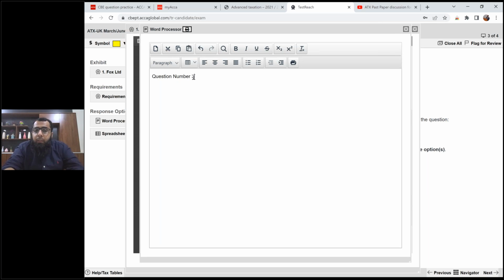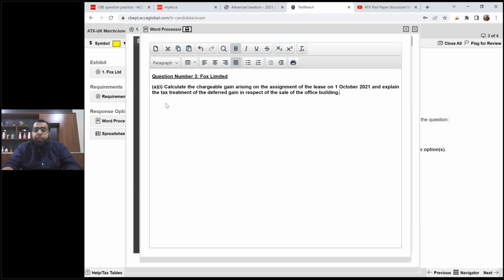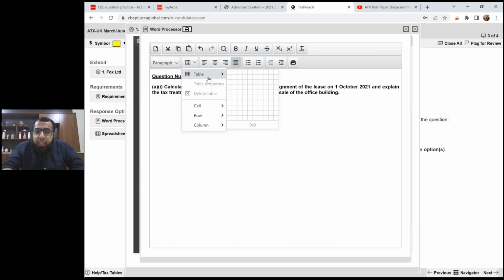Question number 3, Fox Limited. This is the requirement: calculate the chargeable gain arising on the assignment of the lease. Can anyone tell me how I will calculate the gain on assignment of the lease?